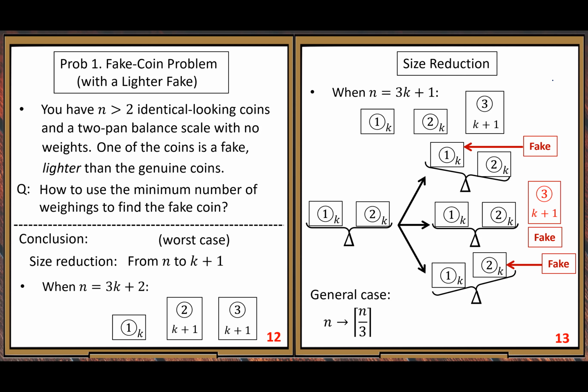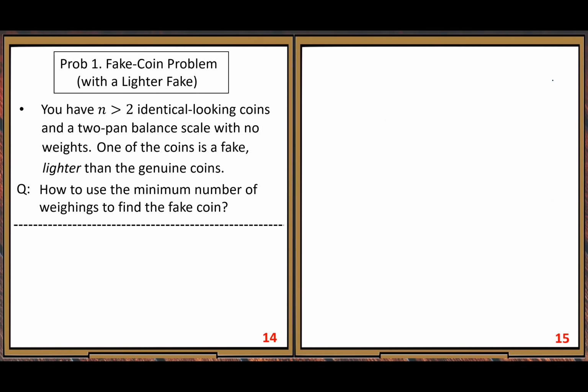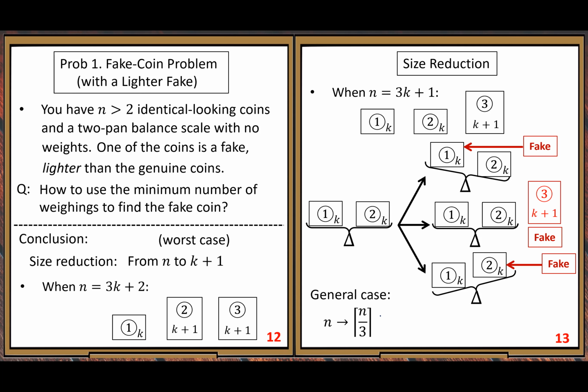All right. So here, the general case, the size reduction. Here we write a general size reduction. This is the general size reduction. From original size n to the ceiling function, not floor function. Okay? Here we use the ceiling function, not floor function.